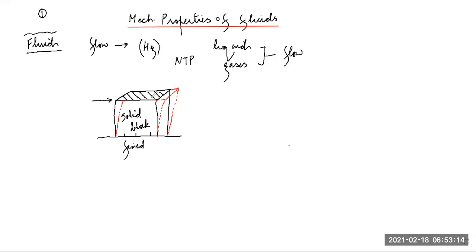solid, right? So let's say this point is A, and A gets changed to A dash.